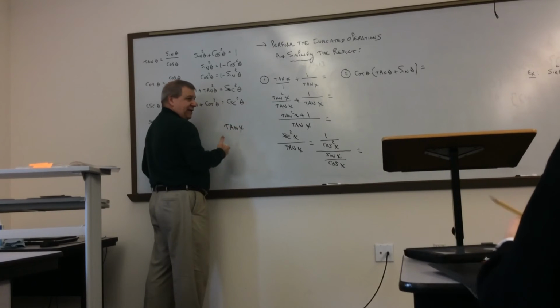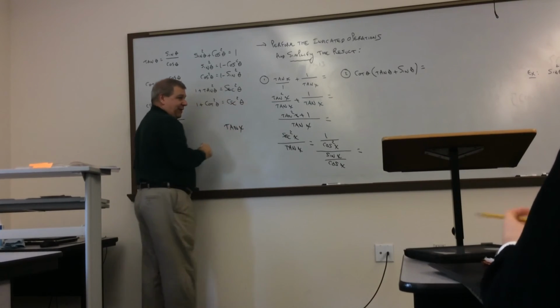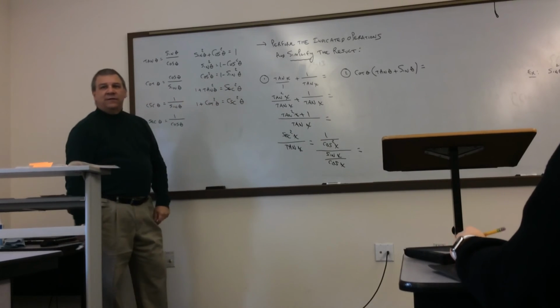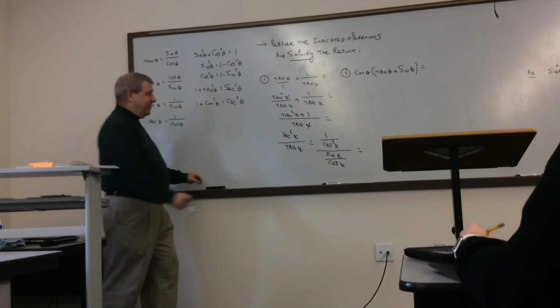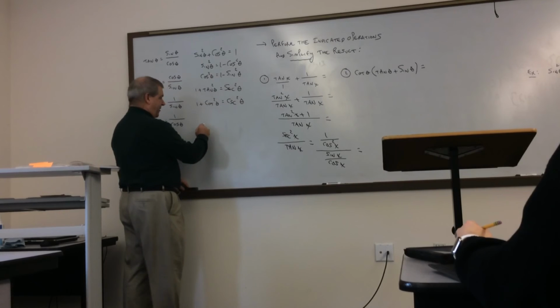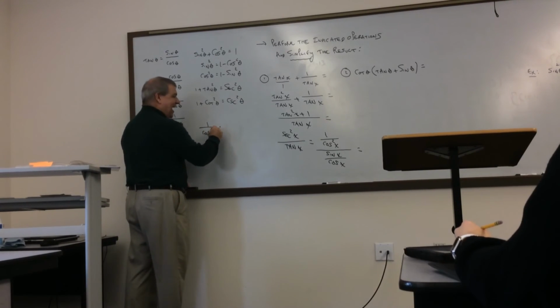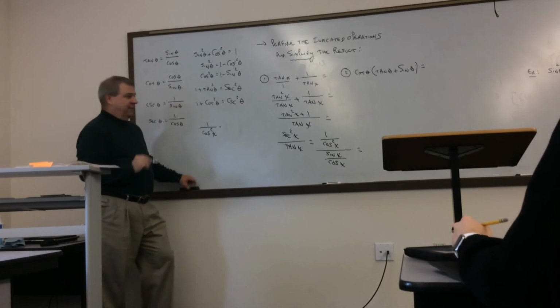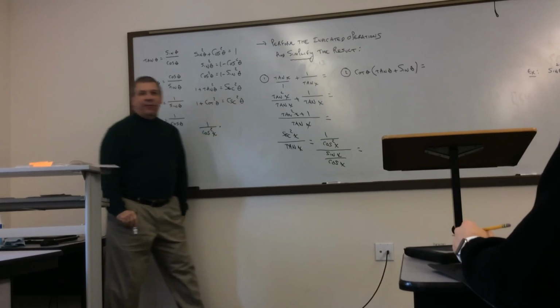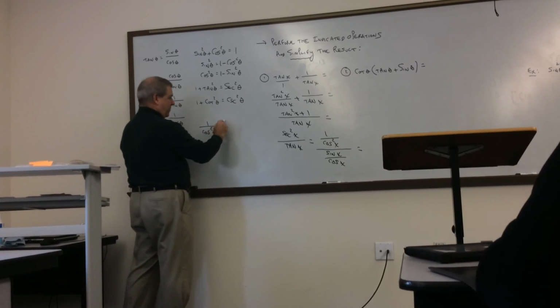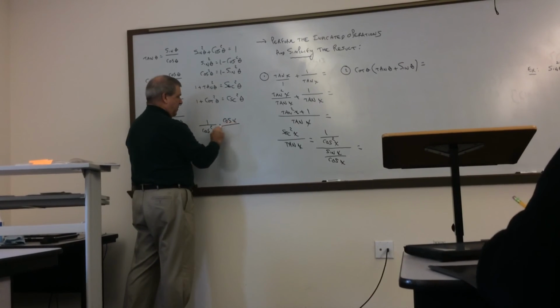You have to have that written there too. Now, isn't that an algebra problem? Fraction divided by fraction means multiply by the reciprocal. So here, I'm going to come over here. 1 over cosine squared of x times what? Dividing by a fraction means to multiply by the reciprocal. Joe? Cosine of x over sine of x.